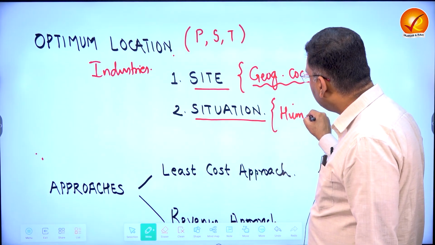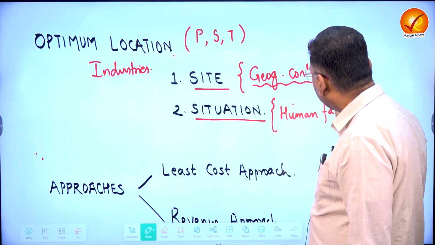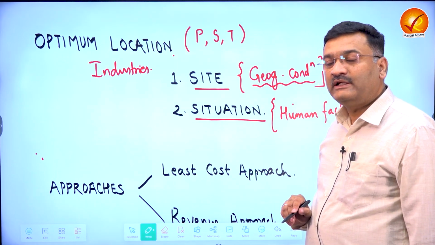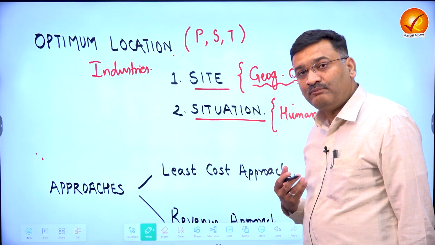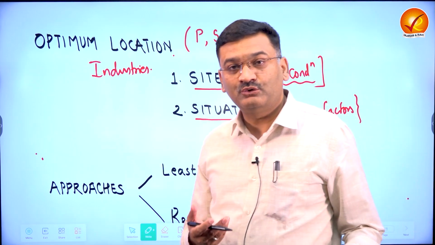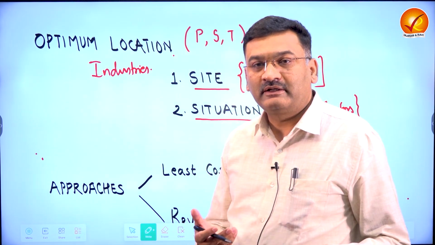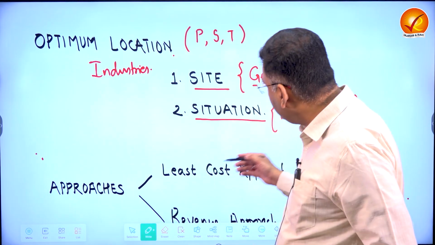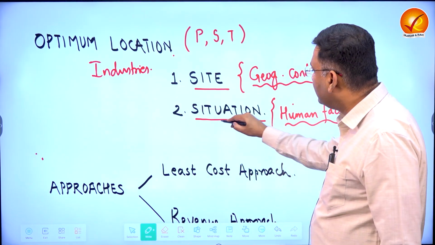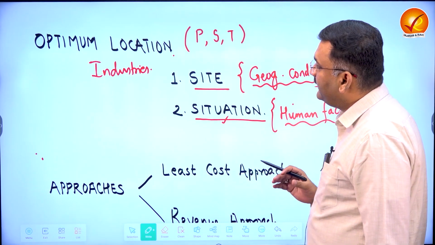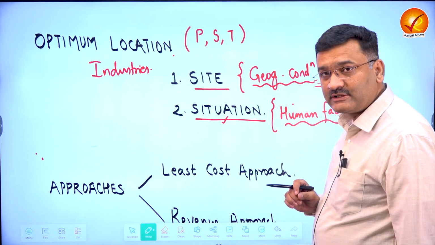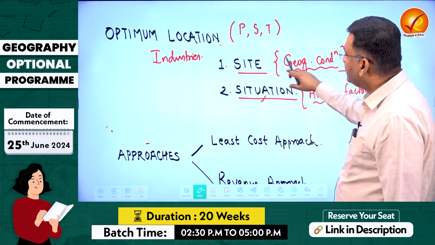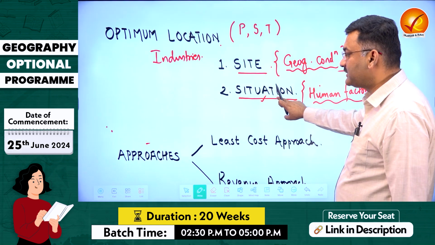Situation is the human factors that support the industry, such as population or consumers, demand, market, government policy, labor, etc. All the human factors we consider in situation. So every economic landscape, for that matter industry, depends on two things, site and situation.